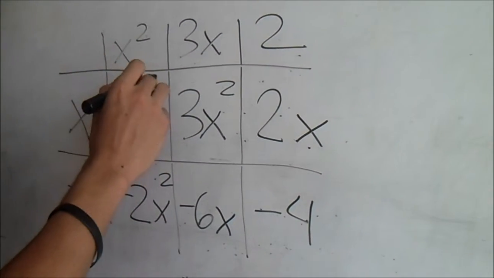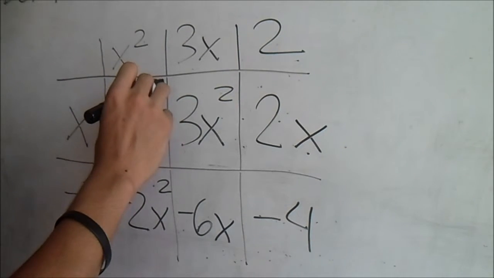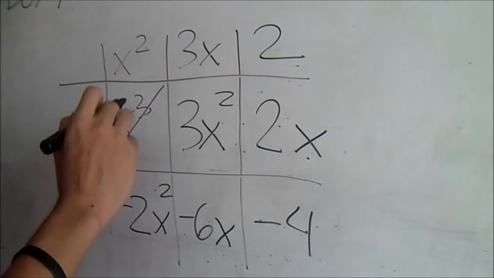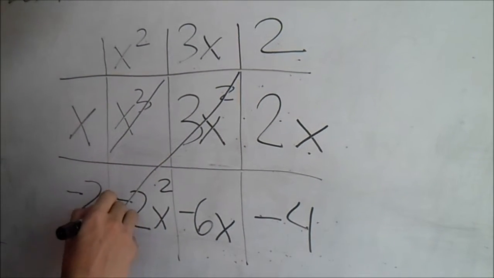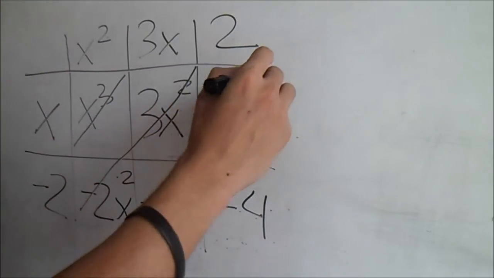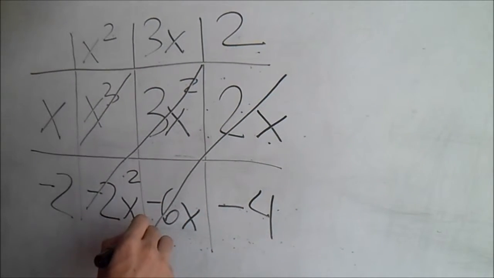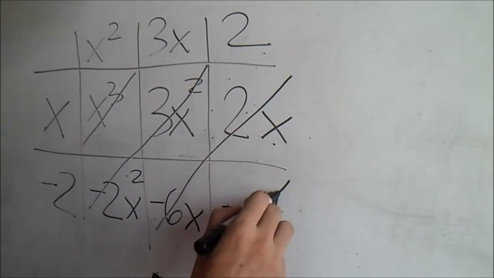Then we're going to combine x cubed, then 3x squared and negative 2x squared, 2x and negative 6x and negative 4.